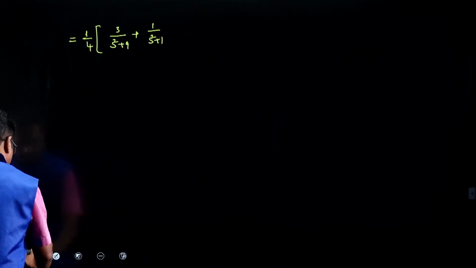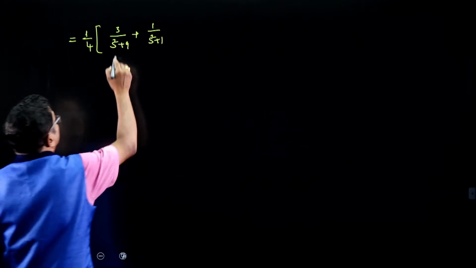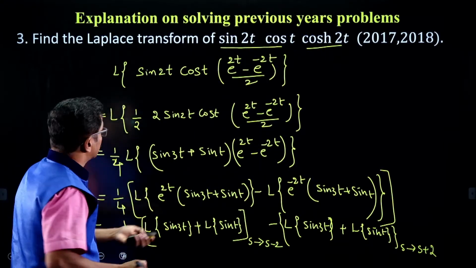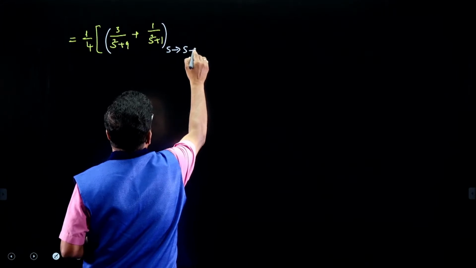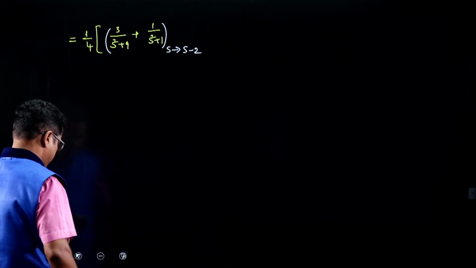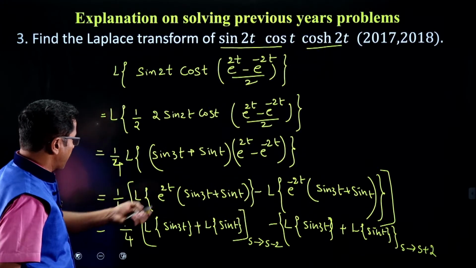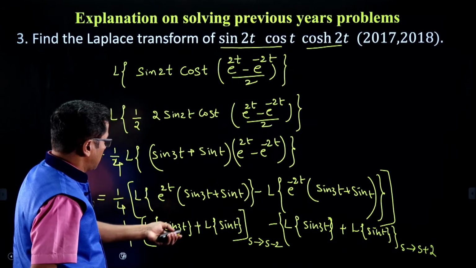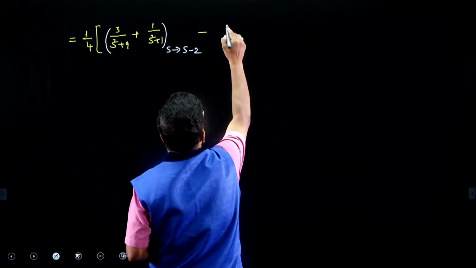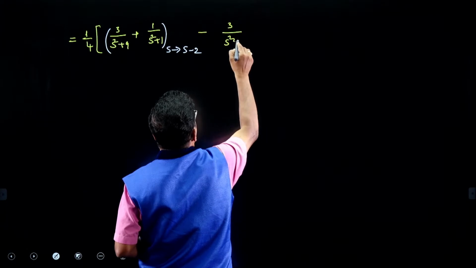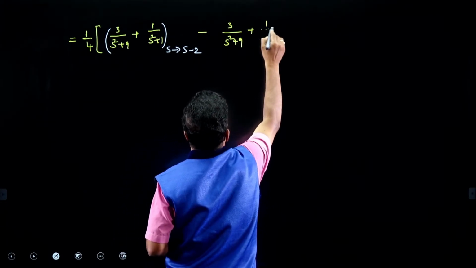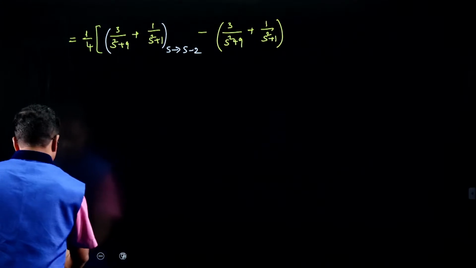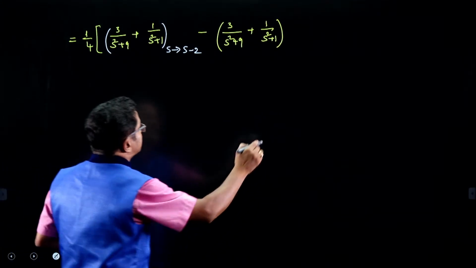Here S is shifted to S minus 2. Right? Next, plus L of sin 3t, again you write this one, 3 by S square plus 9 plus 1 by S square plus 1. In this, S is shifted to S plus 2.